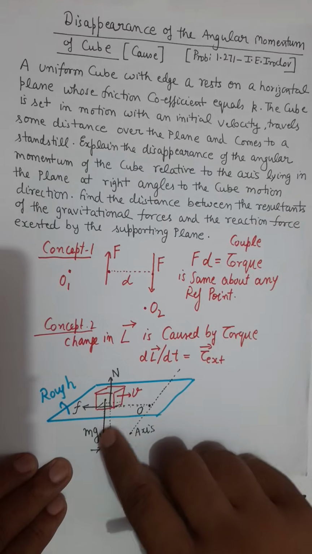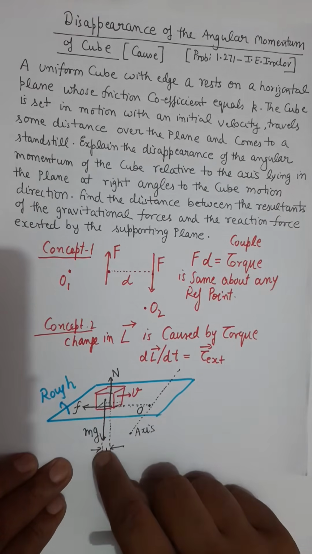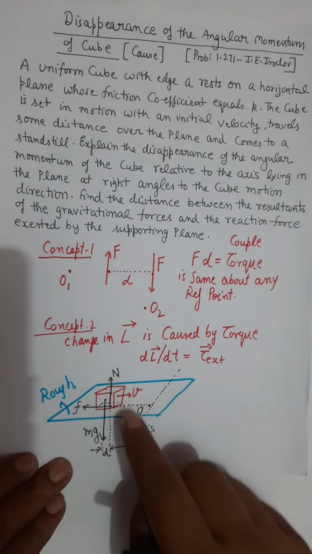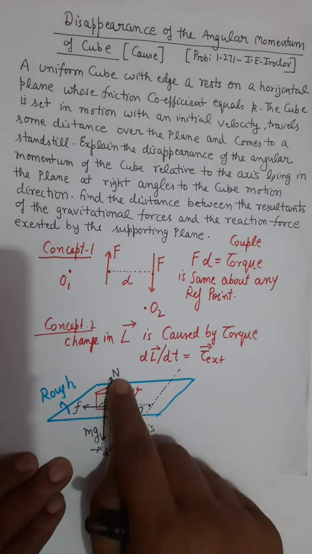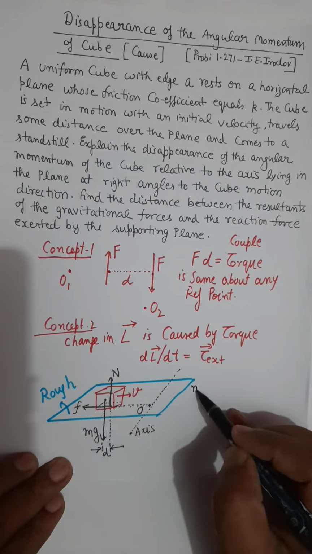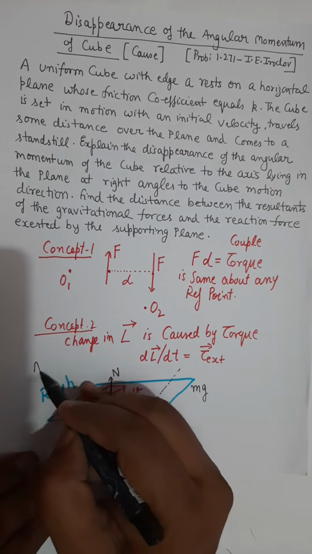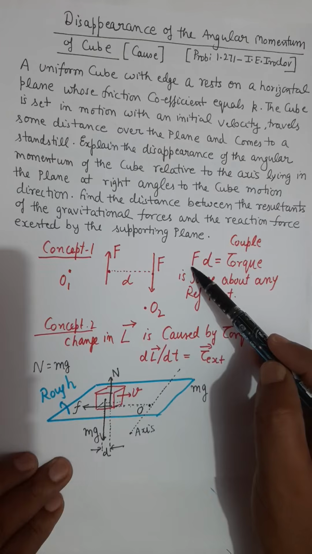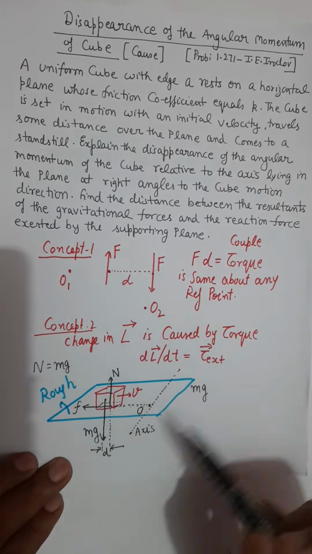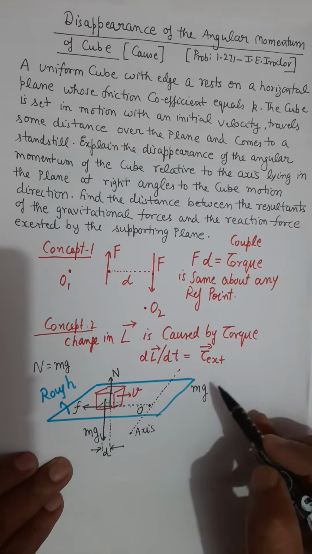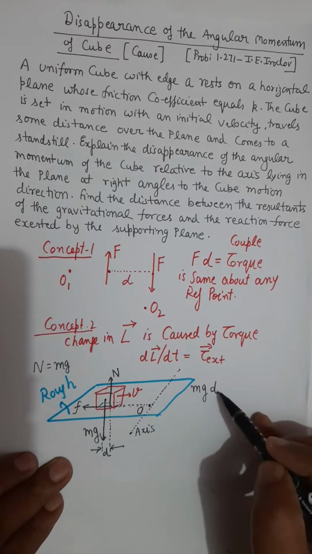So we have two forces which are equal in magnitude but opposite in direction. According to concept number 1, these two forces will produce a torque. Remember, N equals mg. The torque will be the magnitude of force multiplied by their separation. So if d is the separation, mg into d is the torque, right?